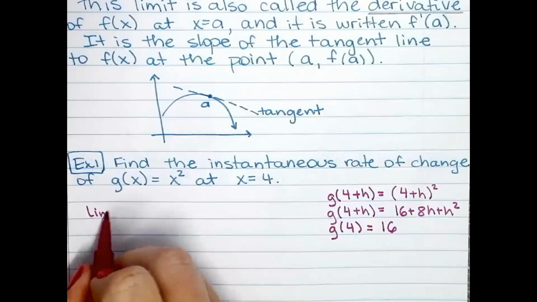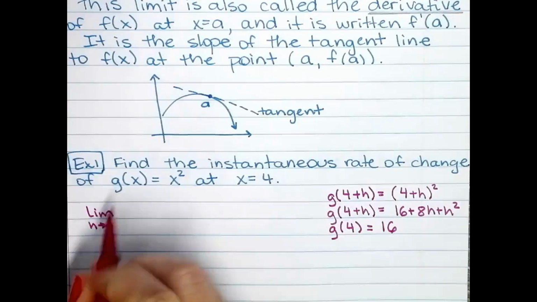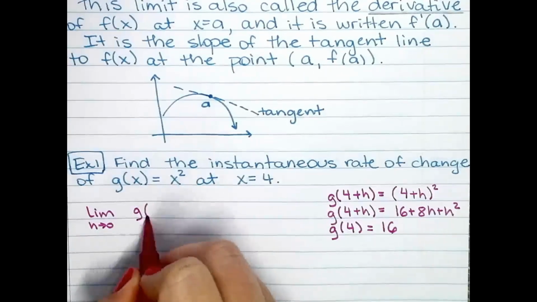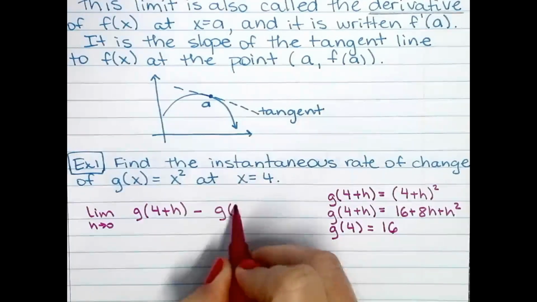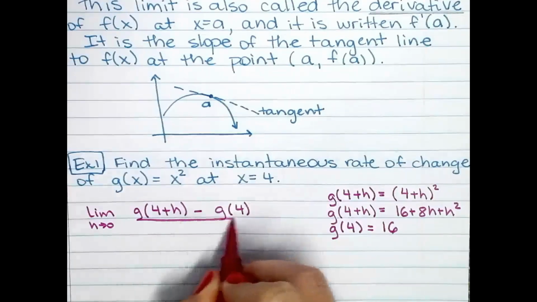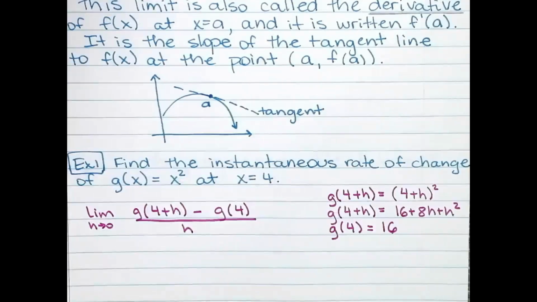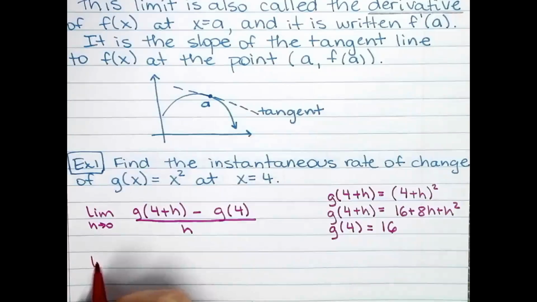So limit as h approaches 0, we need g of 4 plus h minus g of 4, everything over h. Limit as h approaches 0.